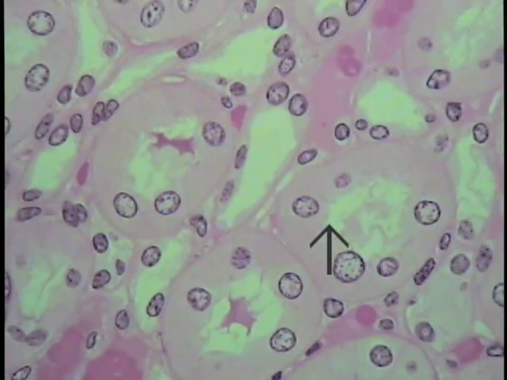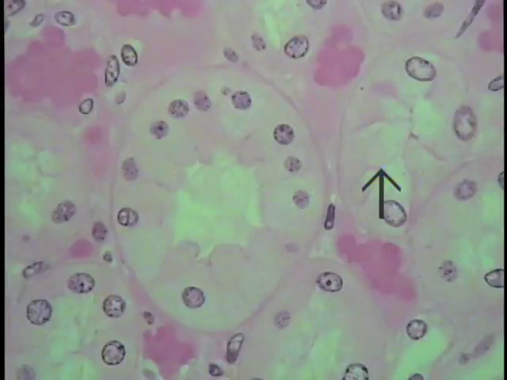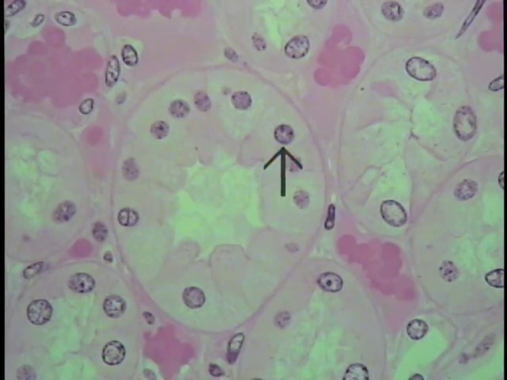The very same tubule seen at increased magnification, lined by simple squamous, simple cuboidal, and if we move the field upward, one that's more inclined to be classified as simple columnar.